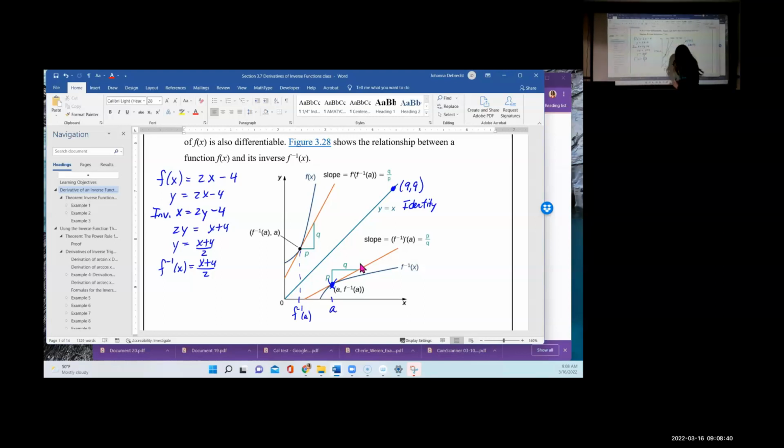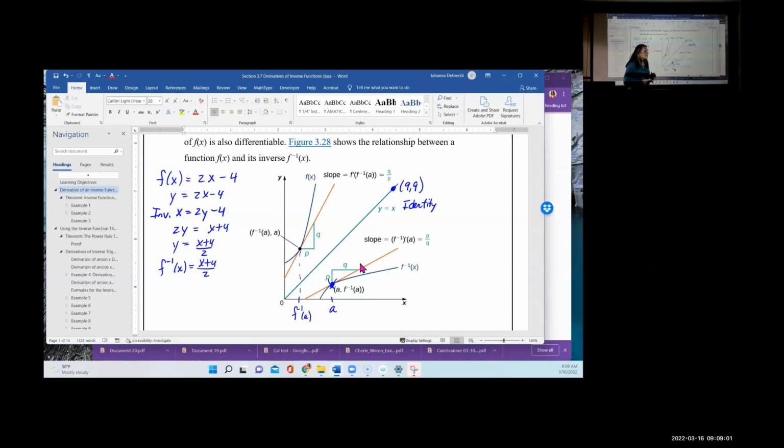There's A. This becomes P over Q. So the slopes on their tangent lines, because we're swapping x and y coordinates, become actually reciprocals of one another. So the slope on the inverse function is P over Q.